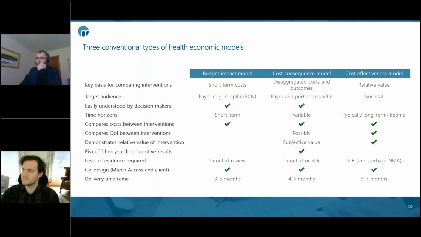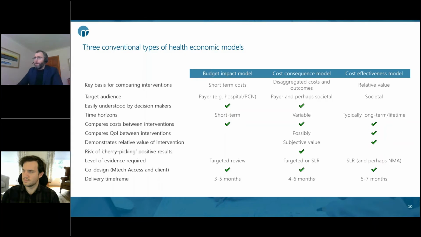It's also important to note two more things: that these models are all comparative, so it's all about this new medtech device relative to the single, or indeed the collection, of existing standard of care interventions. And also worth noting that from left to right in this table, from budget impact through to cost effectiveness model, broadly speaking, you see an increase in degree of sophistication and resource intensity.